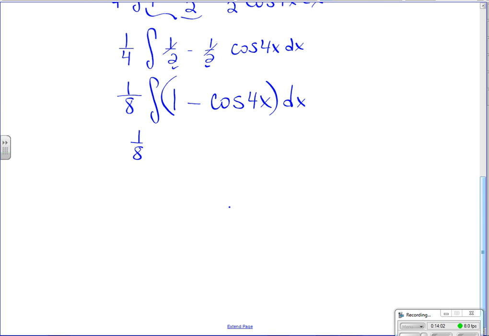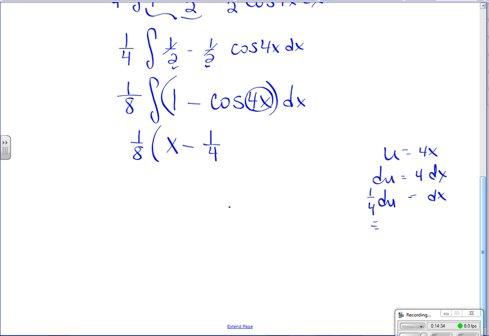I am going to integrate this. The integral of 1 will be x minus, you may want to go do a u sub on that. If you have to, go ahead, but let u be your 4x. I'll just do it. du is equal to 4 dx, therefore dx is equivalent to 1/4 du. We need that 1/4 as our correcting factor.